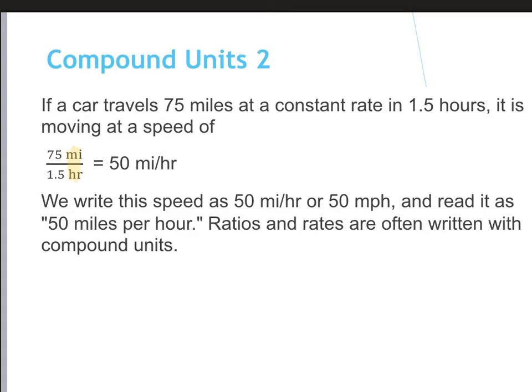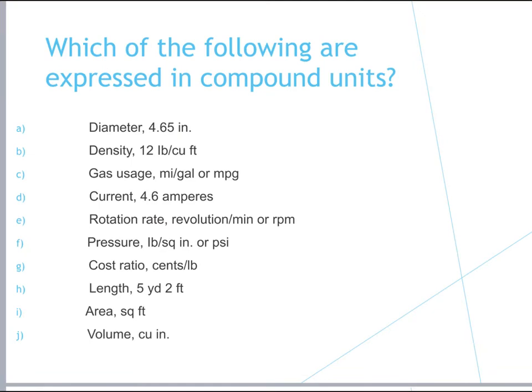Ratios and rates are often written with compound units. So here we're going to look at which of the following are expressed in compound units. Remember that a compound unit is where units have been multiplied or divided.